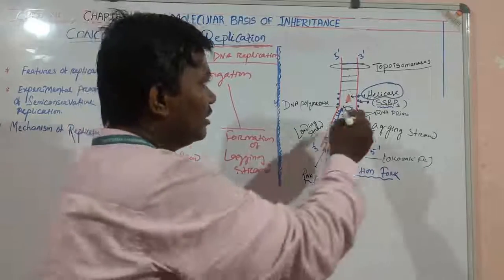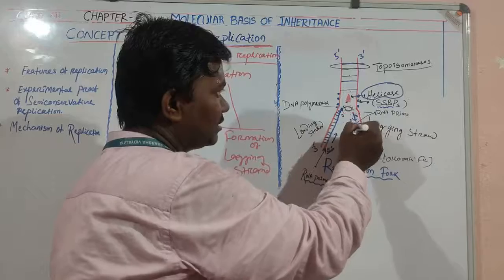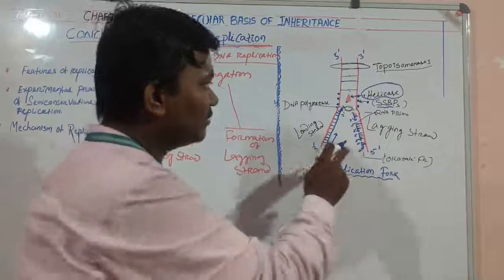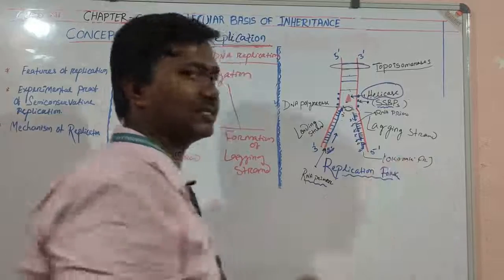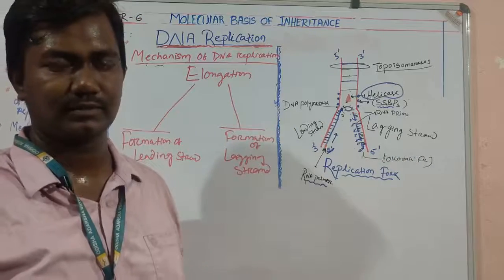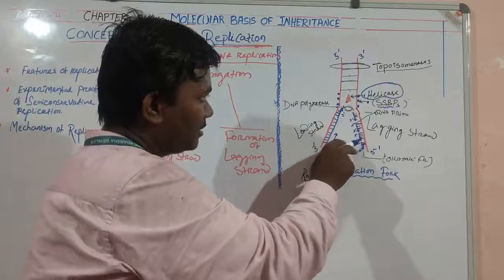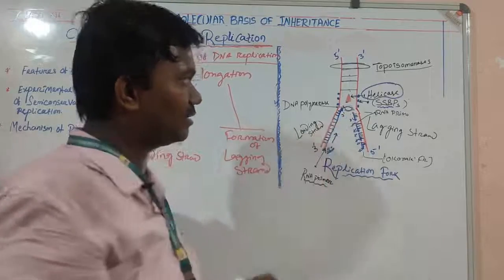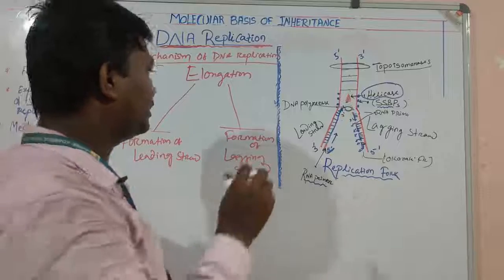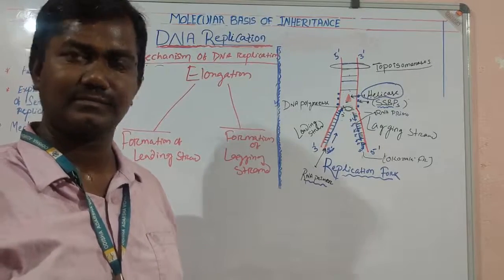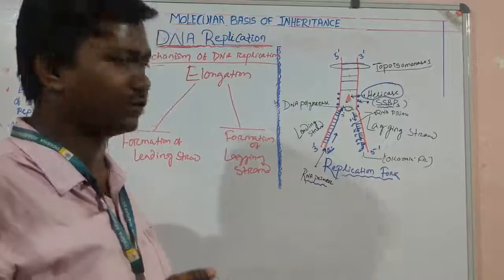So DNA fragments are built. Okay, these fragments are called Okazaki fragments. Got it? These Okazaki fragments are later joined by DNA ligase. Okay, this is the process of elongation.